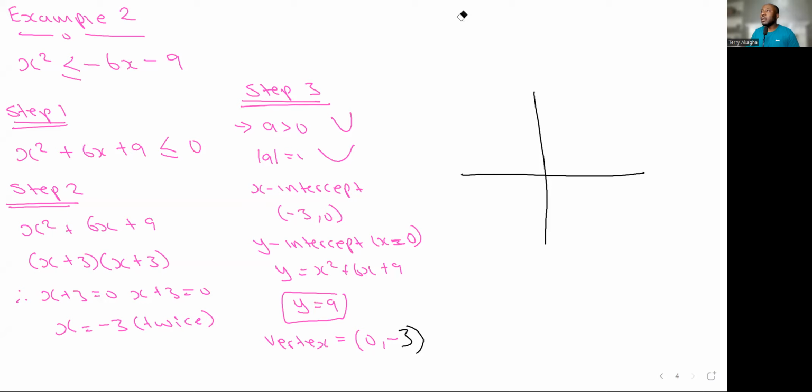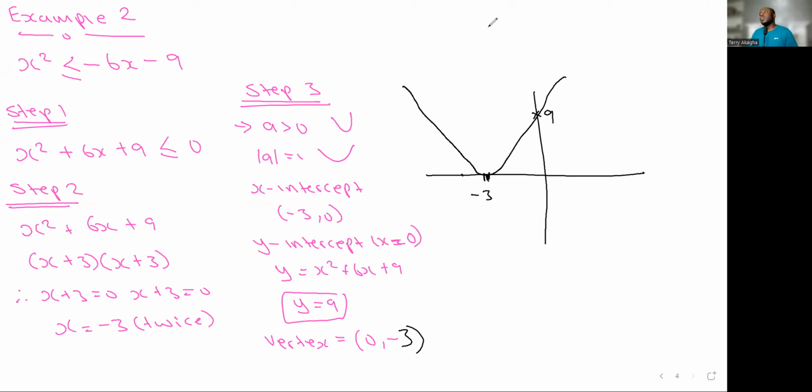So we're going to do it now. This part is minus 3, and the y-intercept is what? 9. So if you want to draw this, it's going to be something like this, touching the x-axis only at this point here. Only at the point of what?